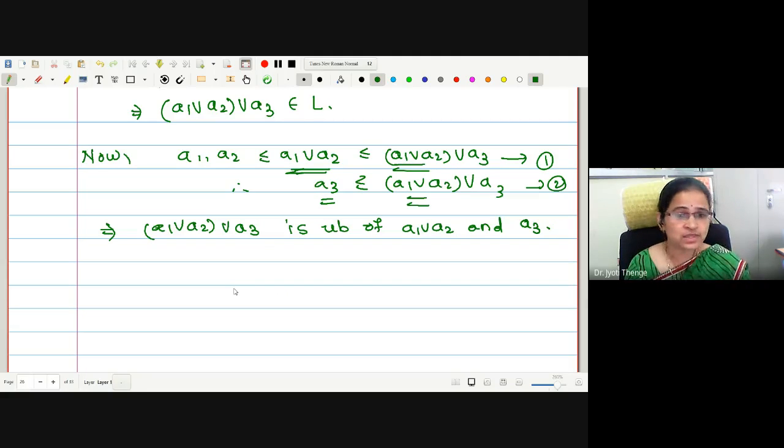Now to check this is the least upper bound, what we will do? We will take an arbitrary upper bound of A1 join A2 and A3 and we will show this quantity is the least one.